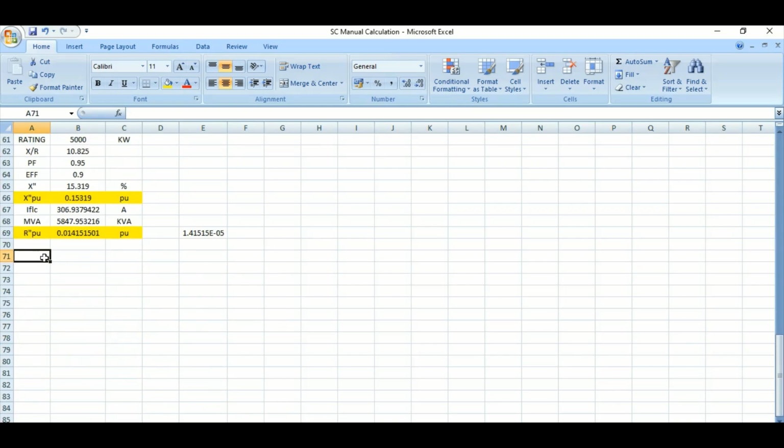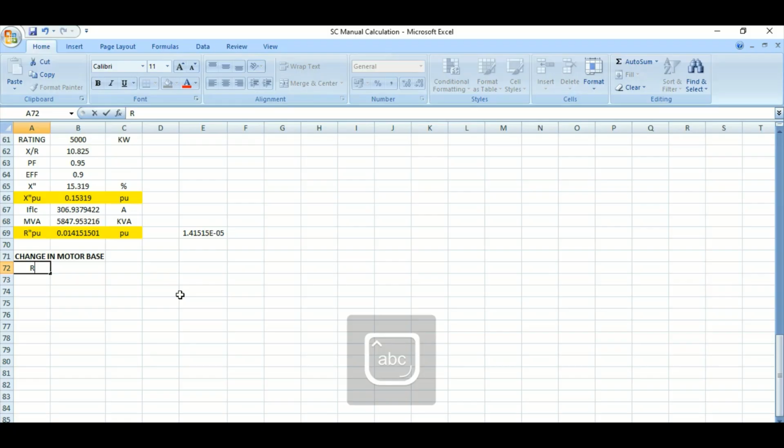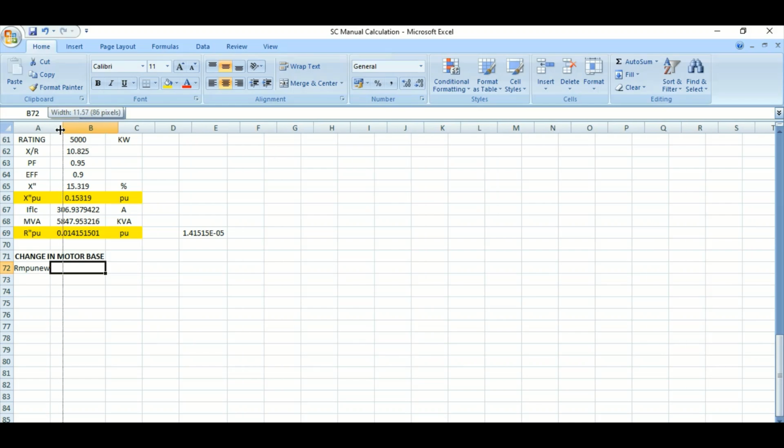So we need to change to the motor base. So RM or motor PU new, what is this value?